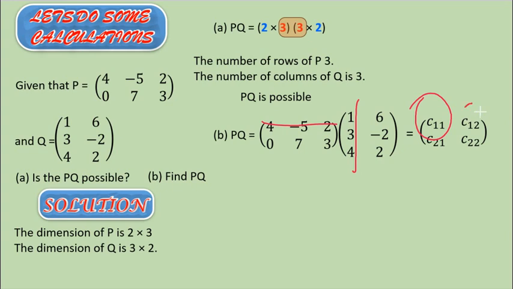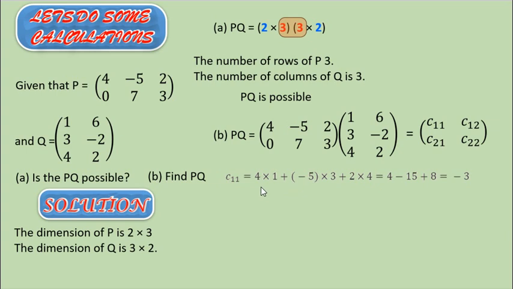The element that will be in this position will be multiplying this by this, and so on and so forth. So that's how we're going to carry that out. So now, if you do that very well, I'm running against time. So what you are going to have will be what we are going to see now, which you can cross-check and ensure that it's the same.